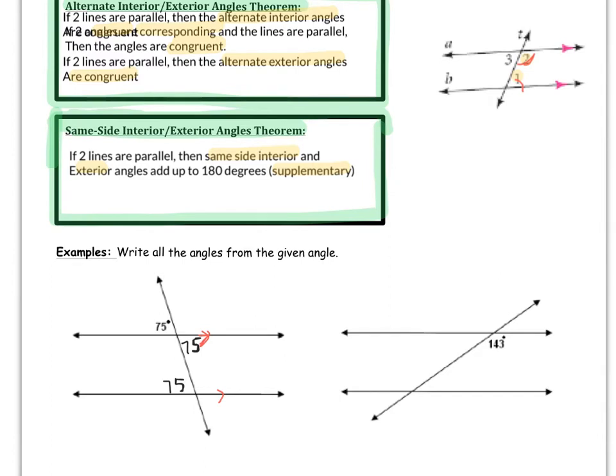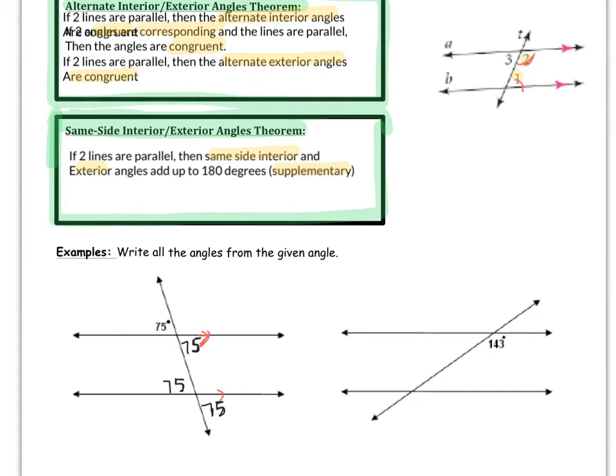All right? So now, what about this angle right here? Well, I can also say that's 75 degrees because it's a vertical angle with the one I just wrote. But if we think about it for another reason, this angle is 75 degrees because this angle and this angle are alternate exterior angles.